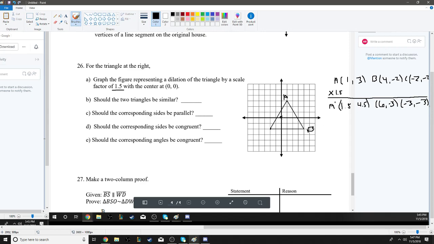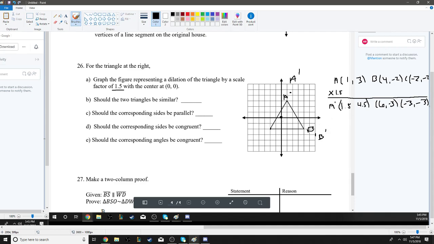So from this point, right 1.5, up 1, 2, 3, 4.5. That would be A prime. B is at right 1, 2, 3, 4, 5, 6, down 1, 2, 3. So there's B prime.